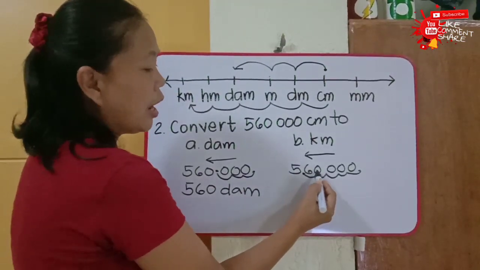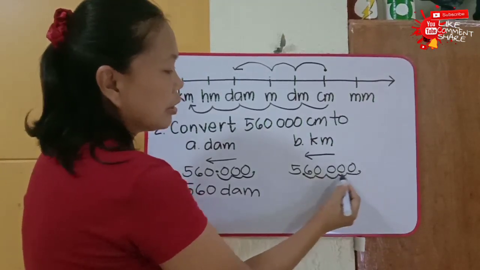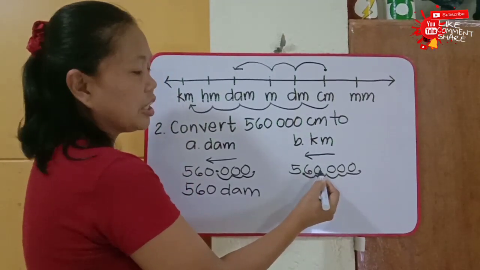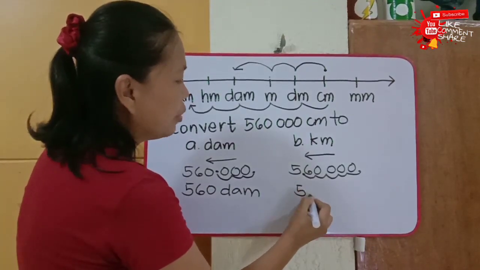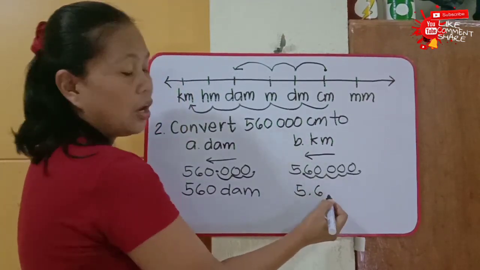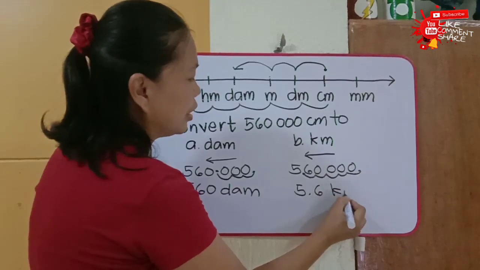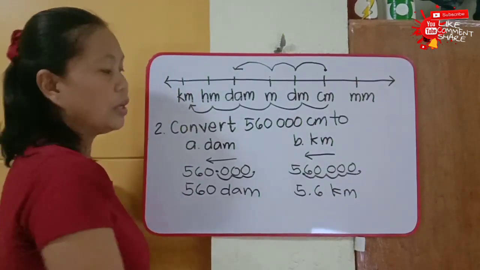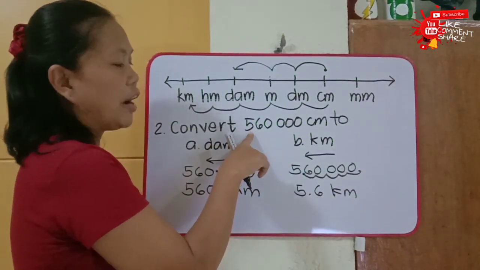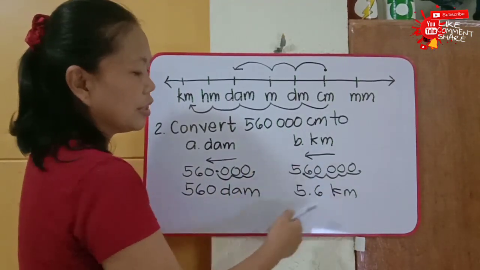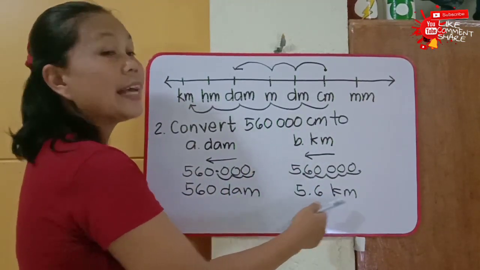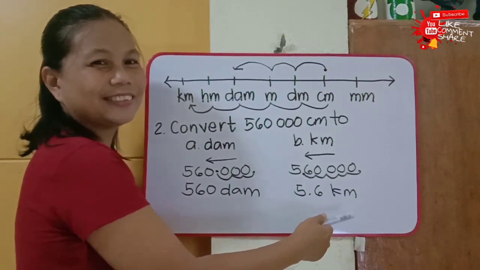We can omit the 4 zeros here because they are insignificant. So we can write only 5.6. Then the new unit, kilometers. So the conversion of 560,000 centimeters to kilometers is 5.6 kilometers.